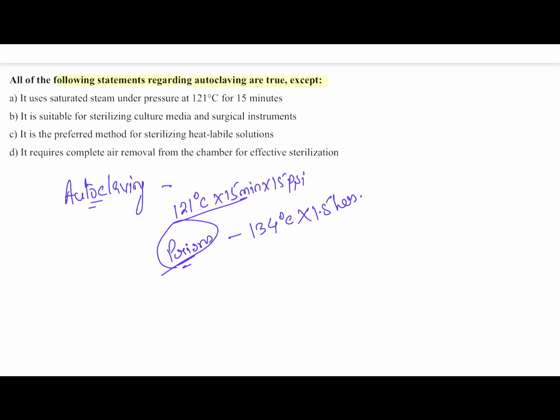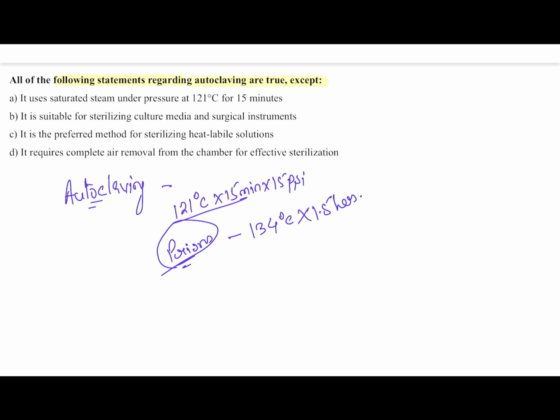Autoclaving is used for the sterilization of instruments, surgical instruments. It is used for aprons sterilization, and it is used for suture sterilization except one suture, that is catgut suture. That is not sterilized by autoclaving. It is used for media sterilization except two media, Lowenstein-Jensen and Loeffler serum slope.